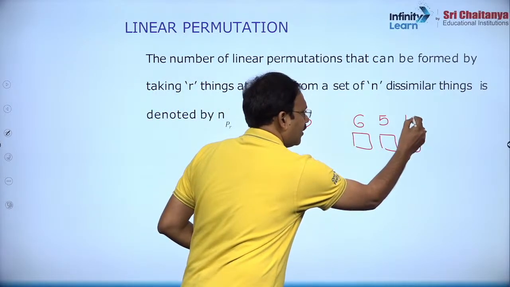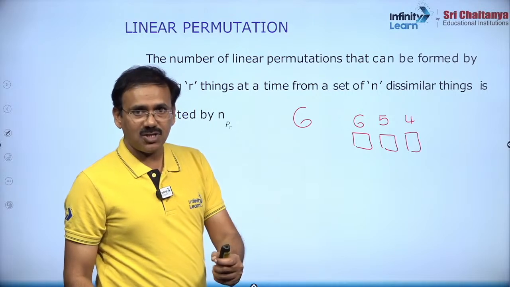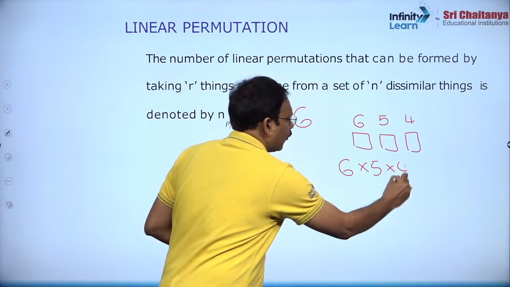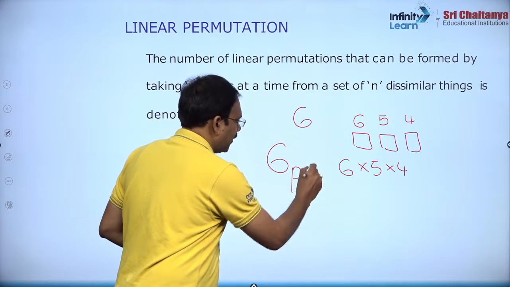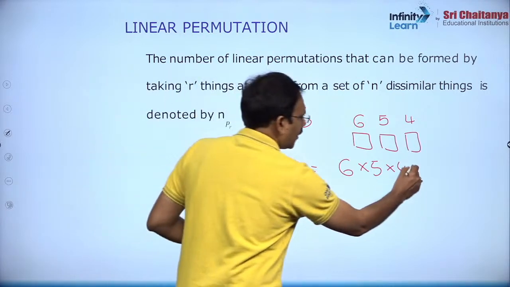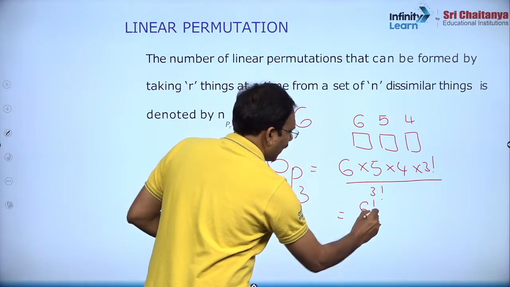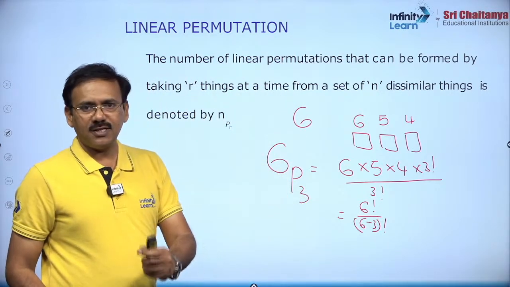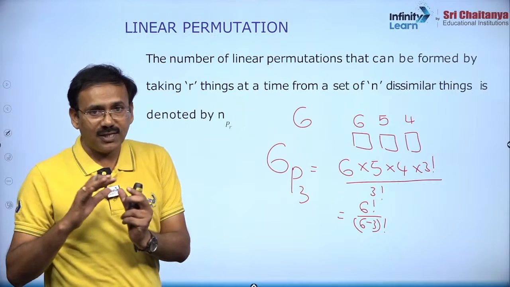This place can be filled in 4 ways. So, by the fundamental counting principle of multiplication, the total number of ways will be 6 into 5 into 4. Mathematically, we write symbolically 6P3. In fact, we can also multiply and divide this by 3 factorial, so this becomes 6 factorial by (6 minus 3) factorial.